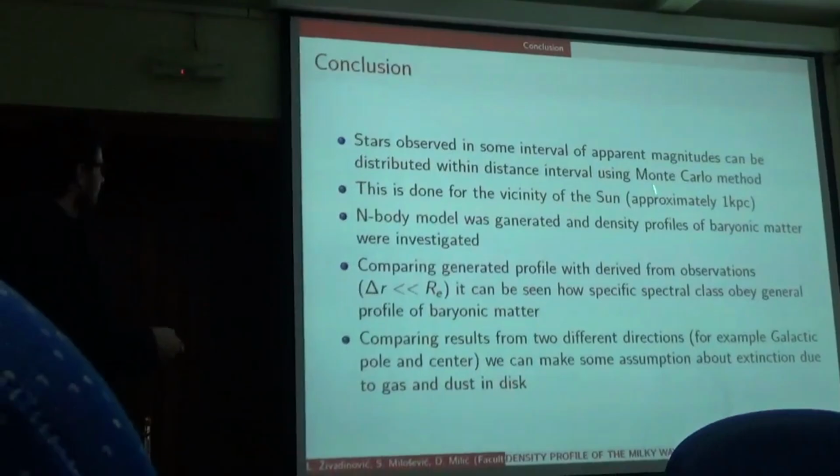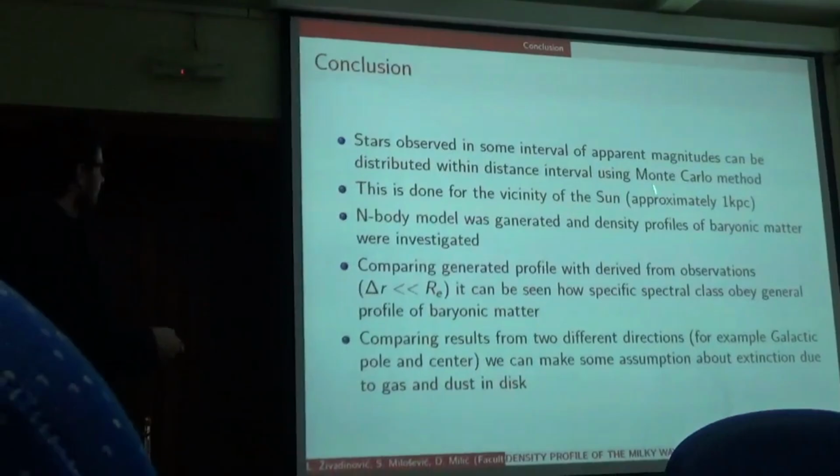And of course, we can check that for some specific spectral class, and see whether they obey the general profile of baryonic matter. Actually, do we have the same density profile for main sequence stars and red giants and so on, and from that try to conclude something about the evolution of the stars in specific parts of the galaxy disks.